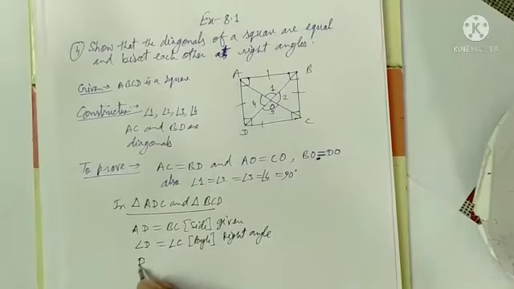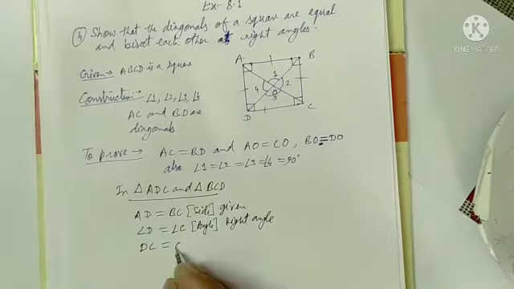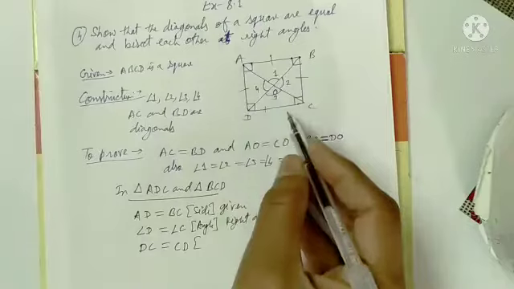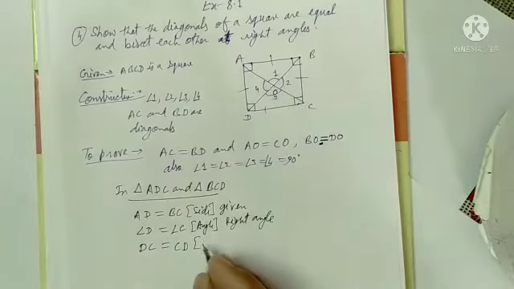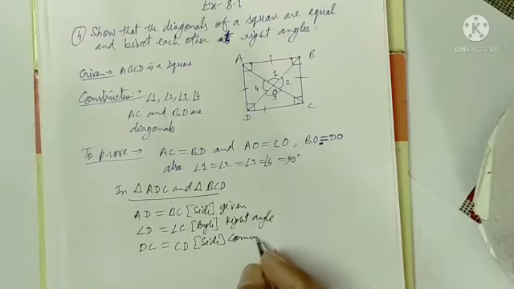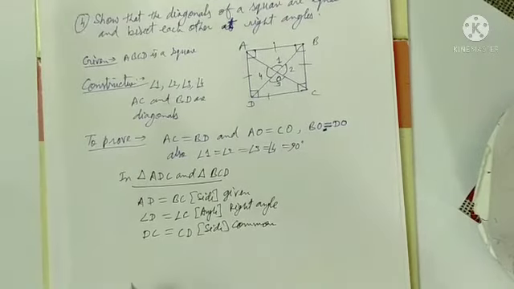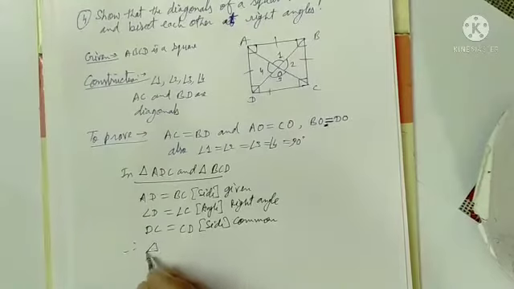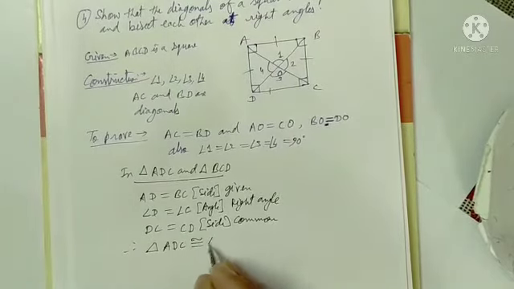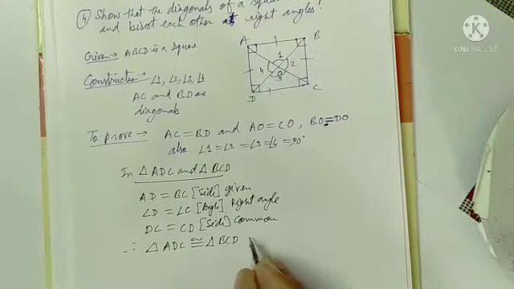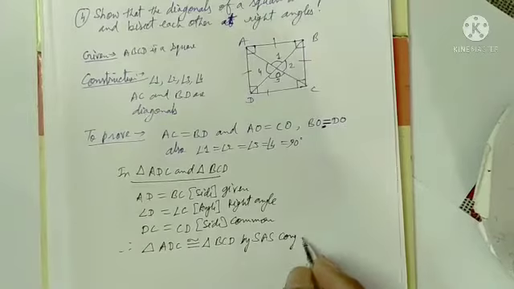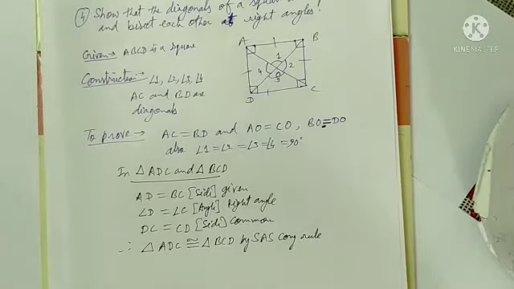Then DC is equal to CD. DC is the base of this triangle, and CD is the base of BCD. So this is a side, and the reason is common. It is a common side. Therefore, we can observe triangle ADC is congruent to triangle BCD by the SAS congruence rule.